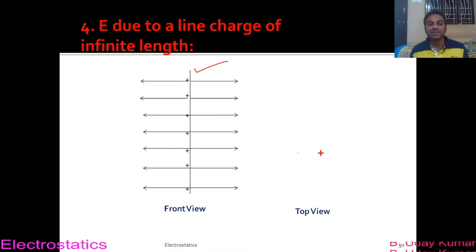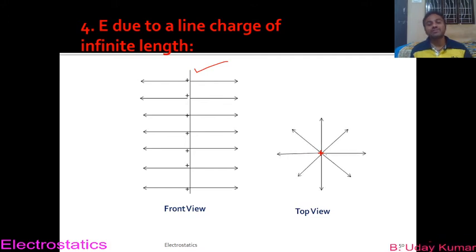Here you can see the positive line charge seen from the top, and since it is positive charge, all the electric lines of forces are directed outwards. So if that system is seen from the top, the electric lines of forces will look like this.